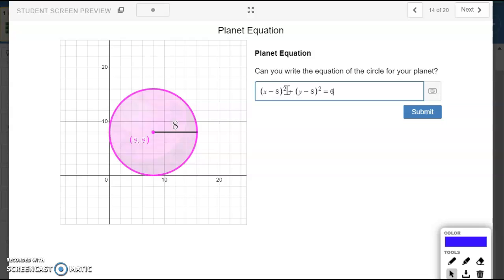That's going to be 64. Notice that I need to have the parentheses. If you do not have the parentheses, you're not going to get the correct equation. Having the parentheses makes a huge difference.